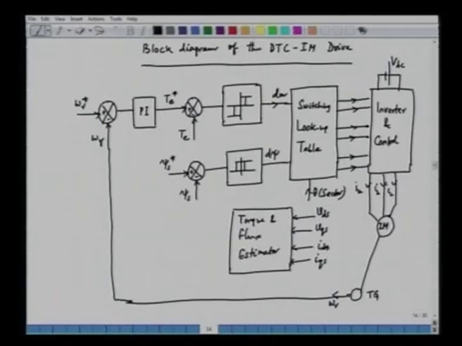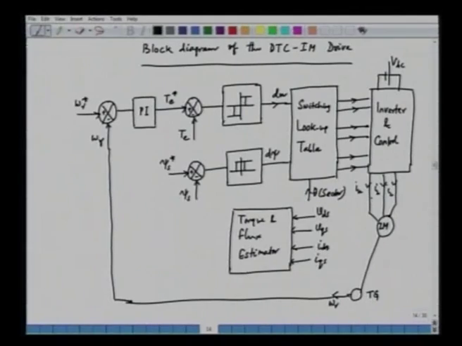So, we have 6 gate driving signals for the switches of the inverter, which are fed to the inverter for turning on and turning off of the 6 switches. And then the output is fed to the induction motor.